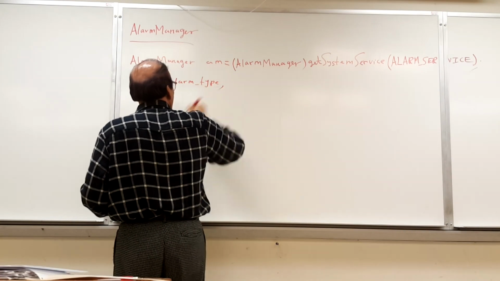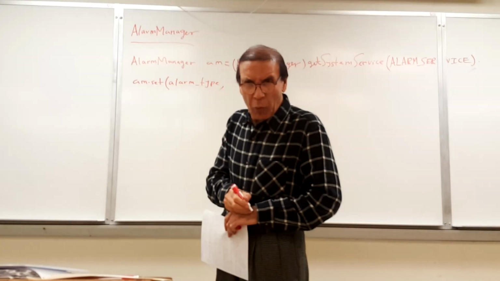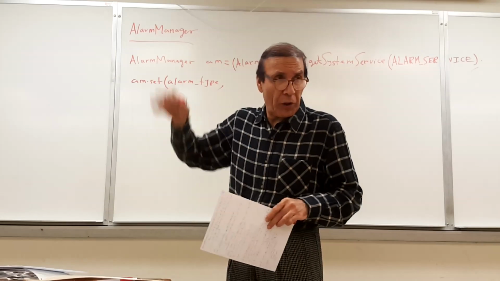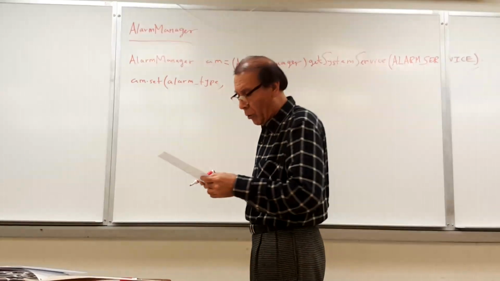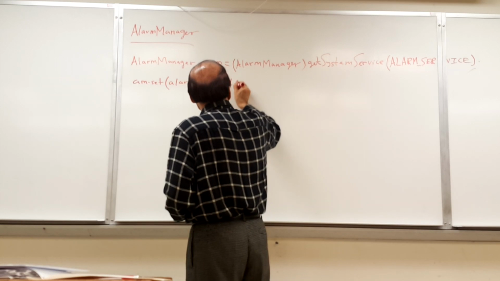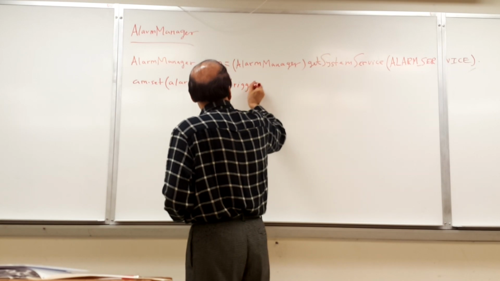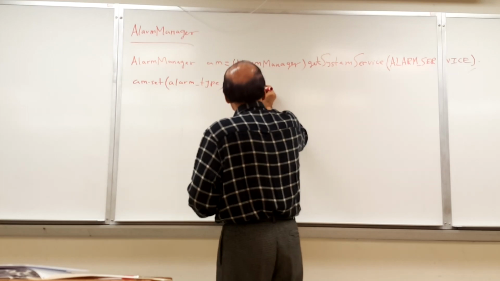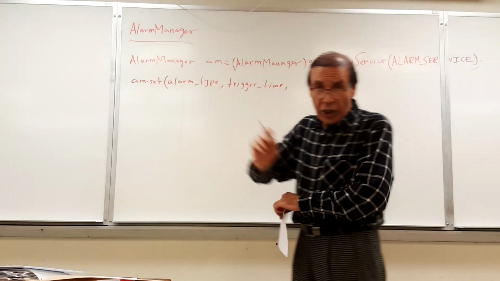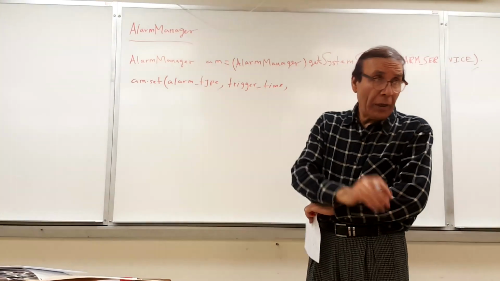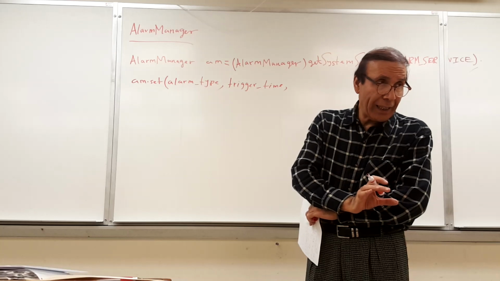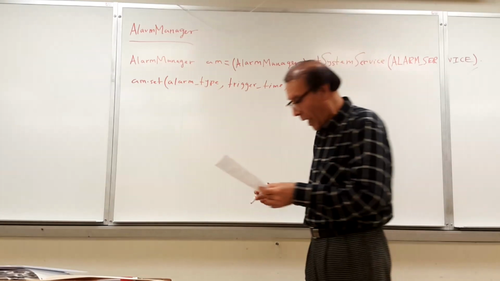The first argument is alarm type. Alarm type normally is an integer, int alarmType, which I'm going to tell you what those types are in a moment. The other one is trigger time. Trigger time normally is long, in milliseconds.